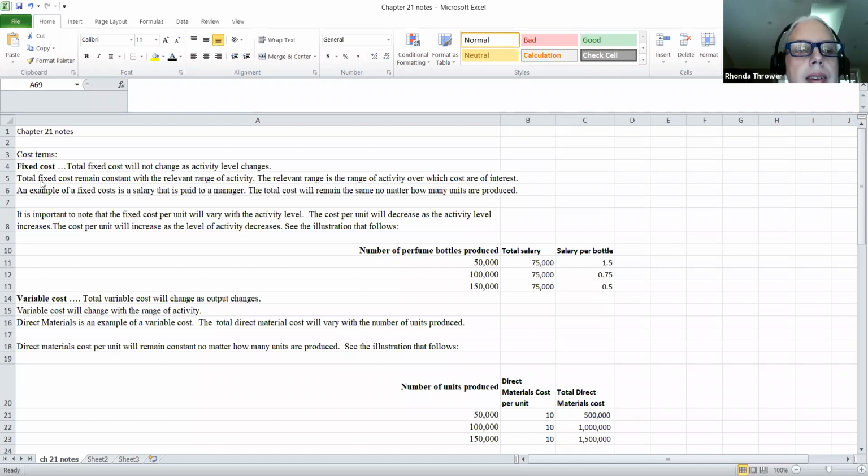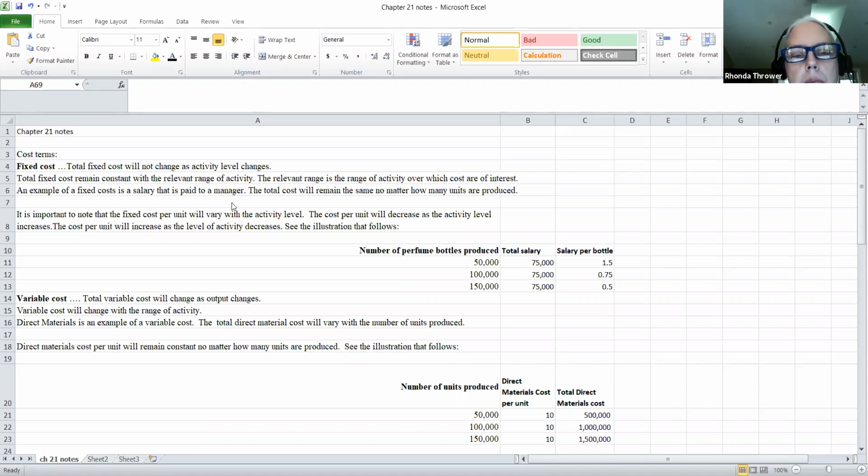So an example of a fixed cost would be a salary that is paid to a manager. If you can imagine, if we pay the salary on a monthly basis, the salary amount will be the same every month. It won't change with the number of units produced. It's a salary that we're paying to maybe our management.